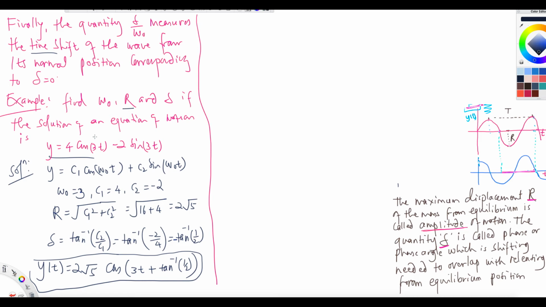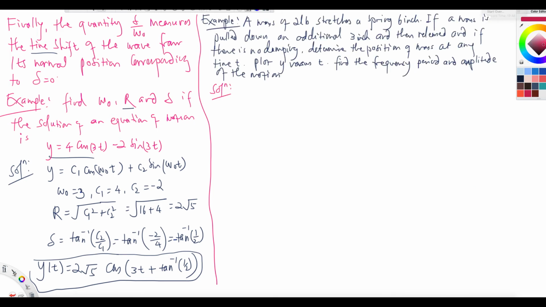Okay, so let us talk about another example. That will be the last example that I'm giving you on this. Let us look at this example. It says a mass of 2 pounds stretches a spring 6 inches. You see that it is given in inches, so we'll have to change this into feet.